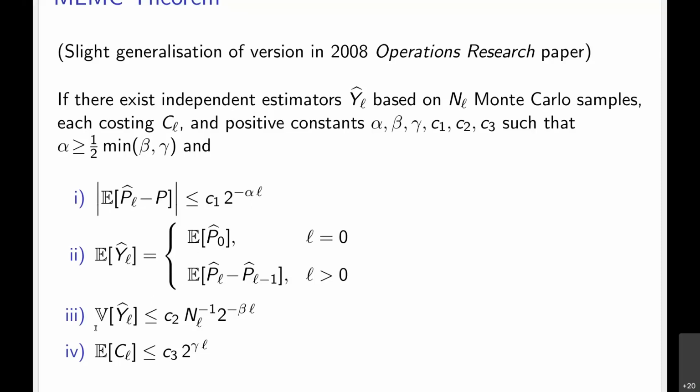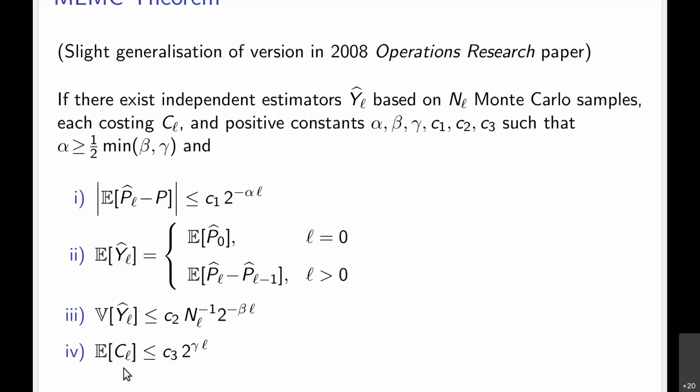Then we have this crucial one, that the variance of y hat is decreasing with level, controlled by this parameter beta. So this reflects the fact that as we go to higher and higher levels, we're getting a more and more accurate approximation.